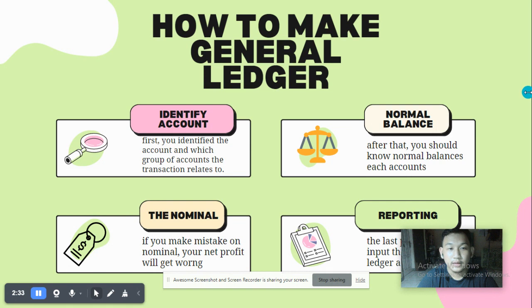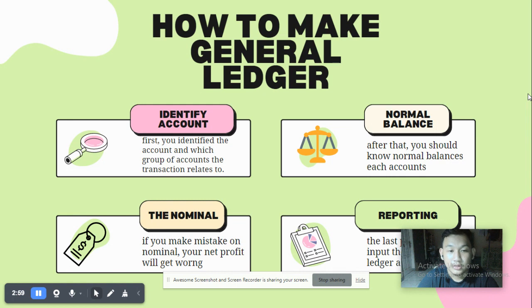I will start with identifying the account. The first step is you need to identify the account and which group of accounts the transaction relates to. The next step is normal balance. After that, you should know the normal balance of each account. Is the account debit or credit?